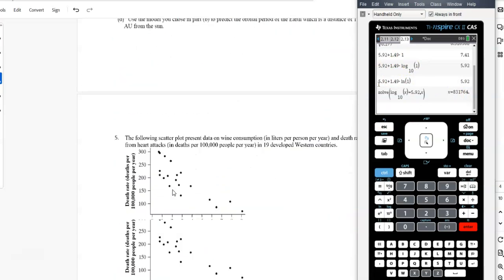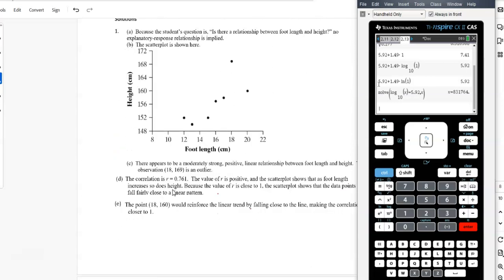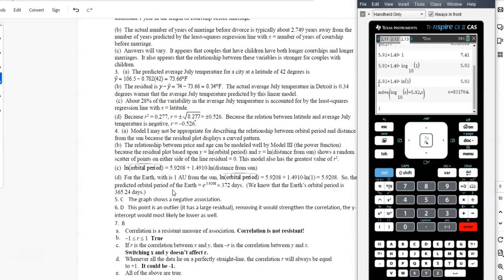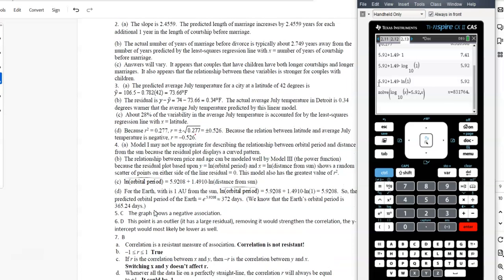Let's double check this one. This is number 4. Hope I did everything right there. I messed up at first, so it's easy to forget that. Okay, so if you plug that in, natural log of 1, you get 5.9208. Then you solve that.